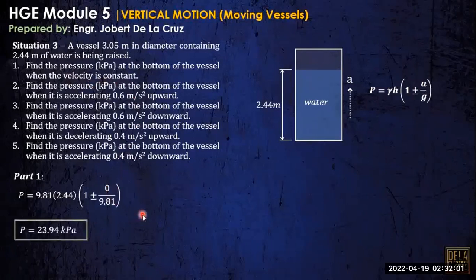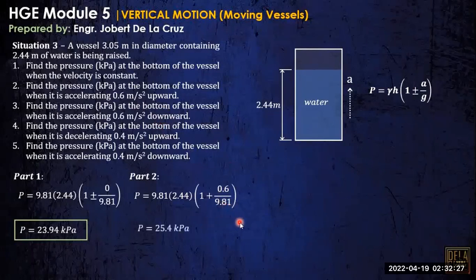Okay, dali lang to. Part 2, find the pressure, the same pa rin at the bottom of the vessel when it is accelerating at 0.6 meters per second upward. Okay, so using that formula, gamma times h times 1 plus acceleration 0.6. Okay, so that will be positive since that is going up, no? Over the gravity.